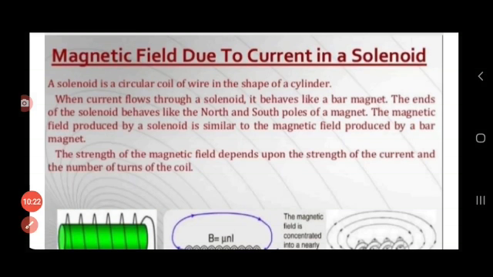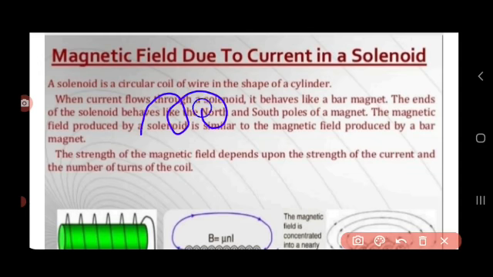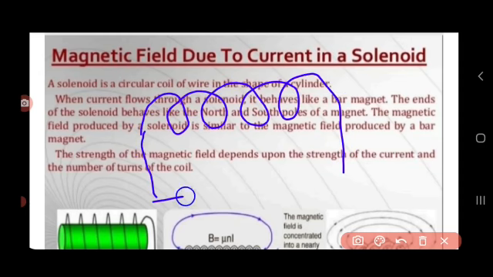Now we want to find out the magnetic field due to current in a solenoid. See, suppose it is a solenoid and electric current is passed. So obviously it behaves like a bar magnet. At one end, current is clockwise, and at another end, current is anti-clockwise.